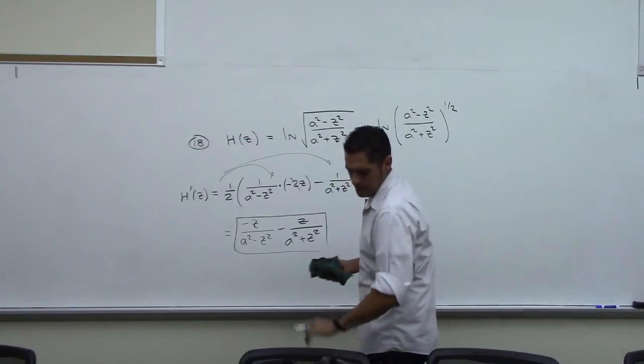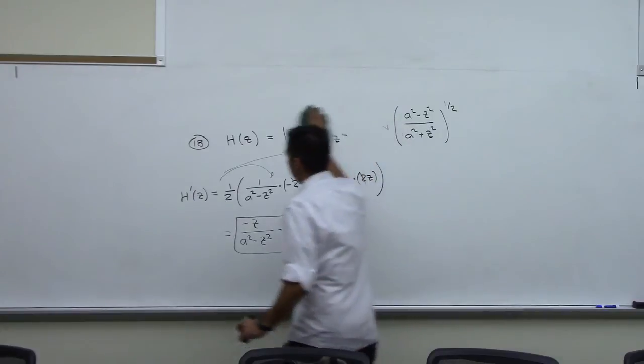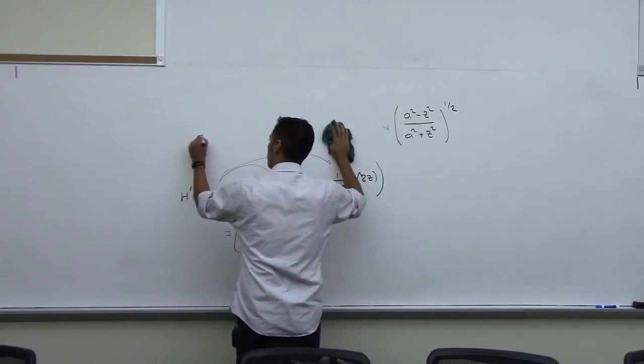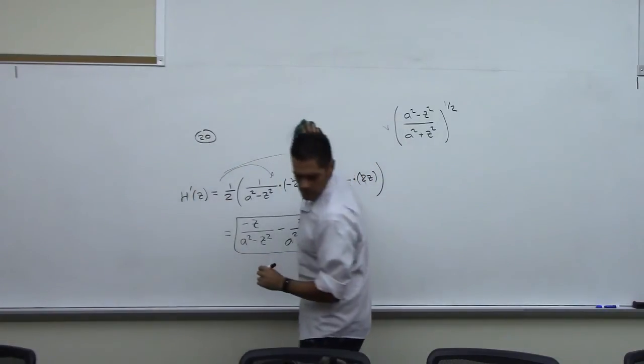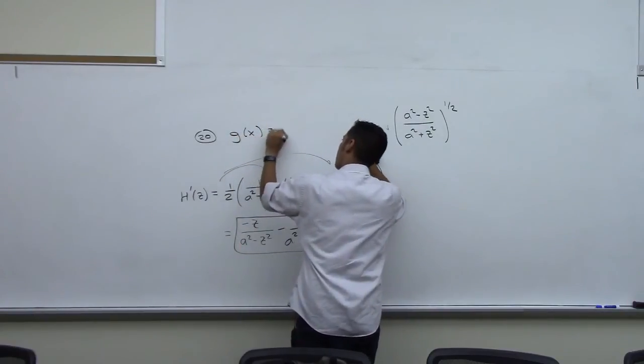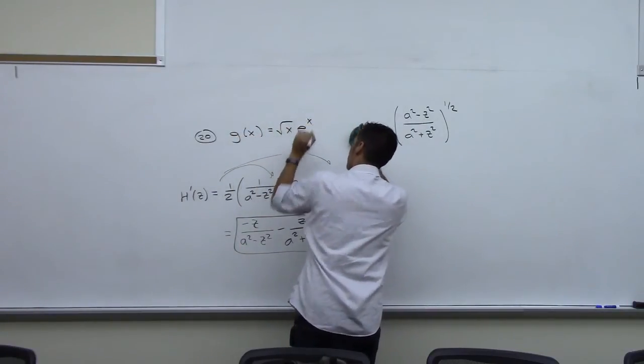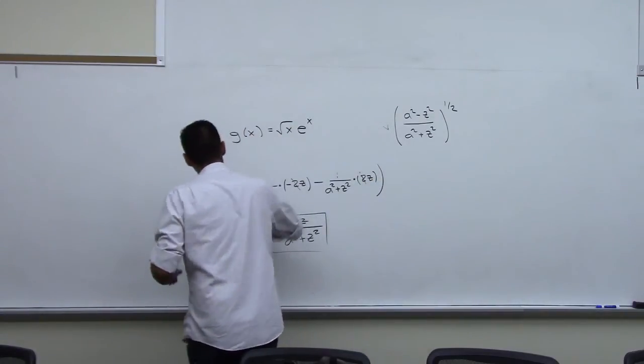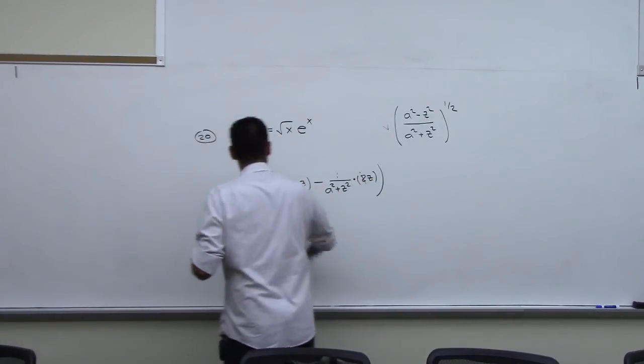Number 20, root x times e to the x. Product rule. You see that product between those two?